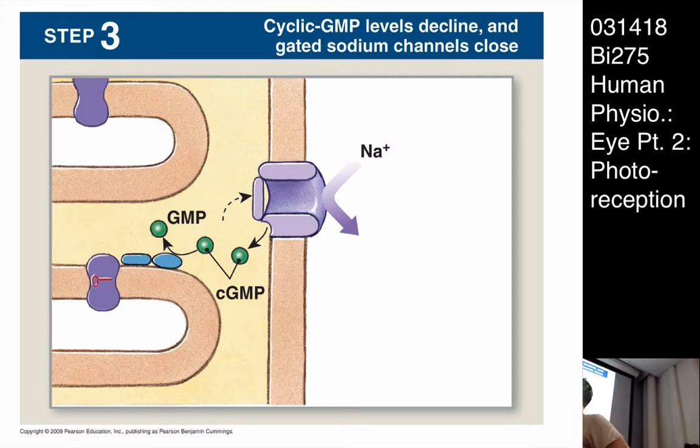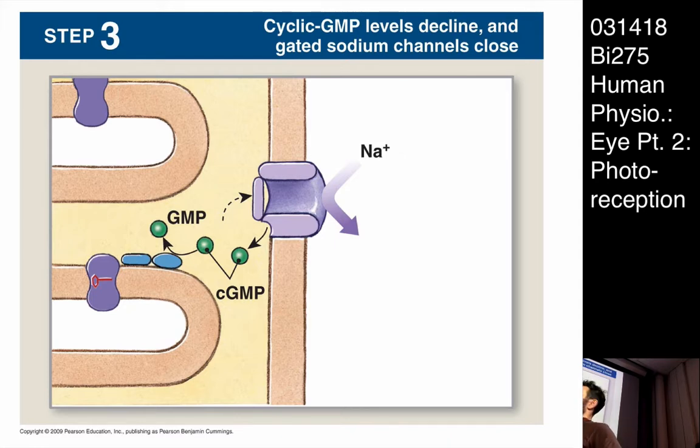This isomerization happens, then an activation of transducin and an activation of phosphodiesterase, which has to then chemically cleave cyclic GMP to GMP, and then, by the basic laws of Brownian motion and diffusion, we have to diffuse cGMP off of the sodium channel, let it close enough to change the interior potential of the cell.